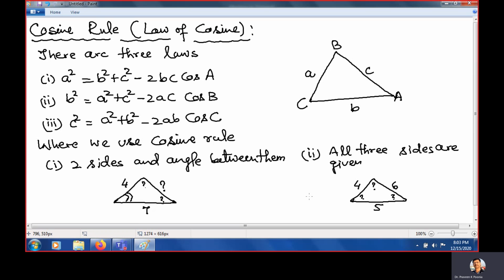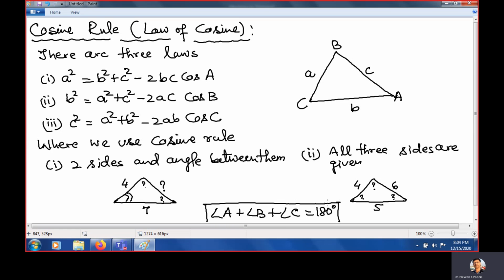Understand? And remember always, when we have evaluated two angles, the third angle we will evaluate by using the property that angle A plus angle B plus angle C is equal to 180 degrees. This is the standard equation.